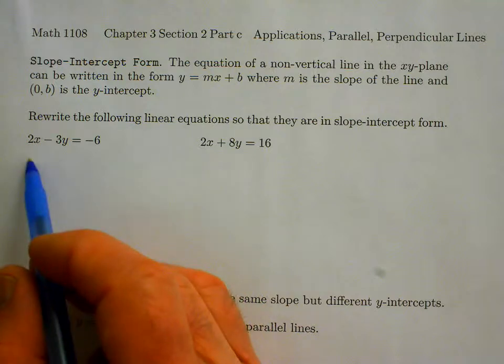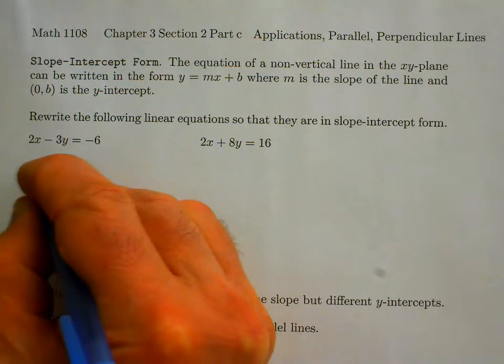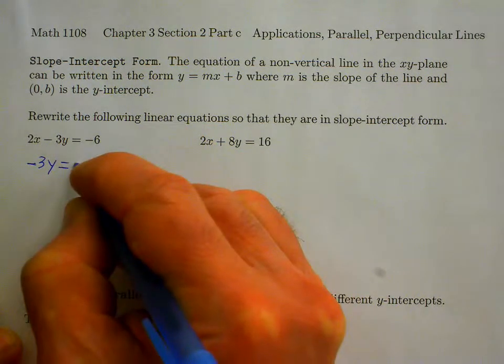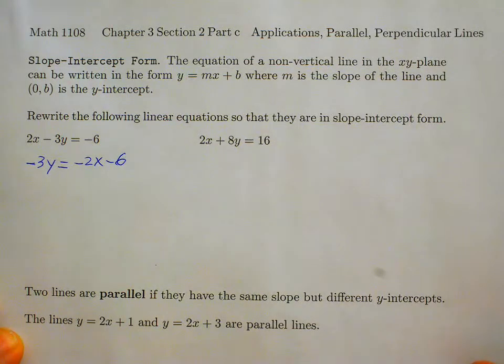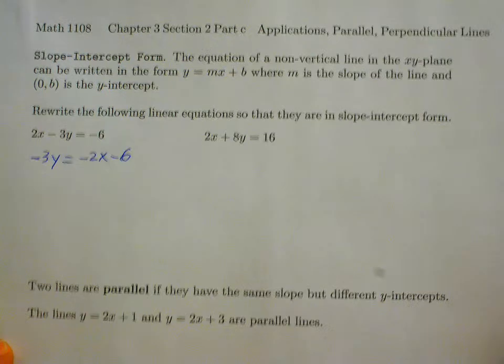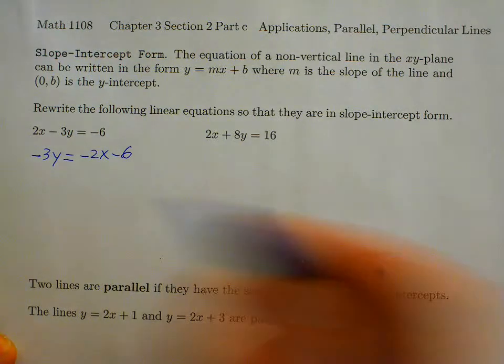Let's start by subtracting 2x from both sides, and we'll get negative 3y equals negative 2x minus 6. And then divide every term on both sides by negative 3.